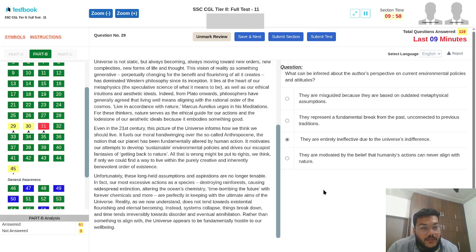They are misguided because they are based on outdated metaphysical assumptions. They are entirely ineffective due to universe indifference.